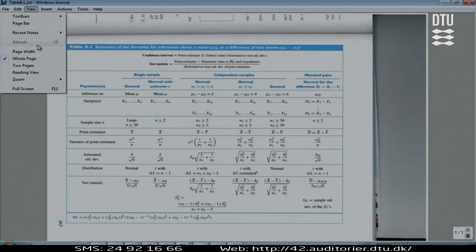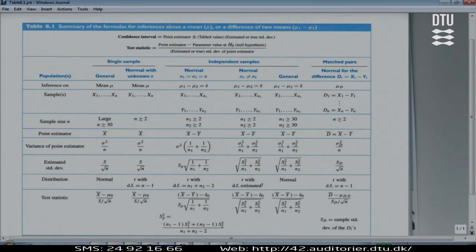Let's have a look. Let's start to zoom in a little bit. Now we can still see the whole table. I'll zoom more in a little while. It tells us that it's a summary of formulas for inference about the mean or the difference of two means. That's what we have been discussing the last 3 weeks.